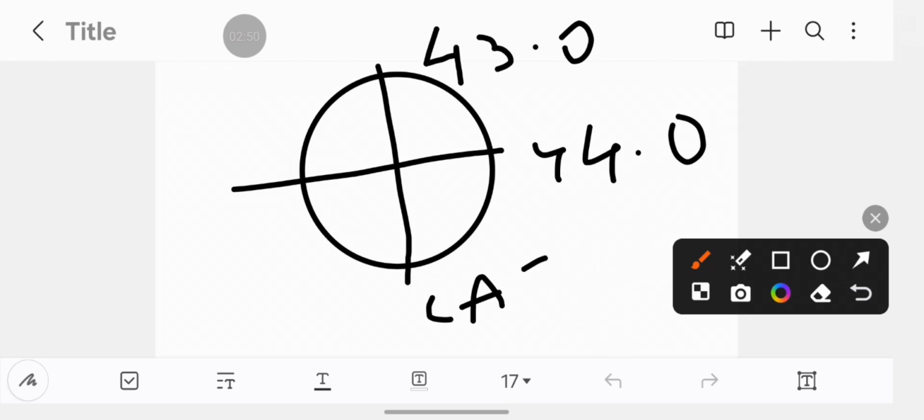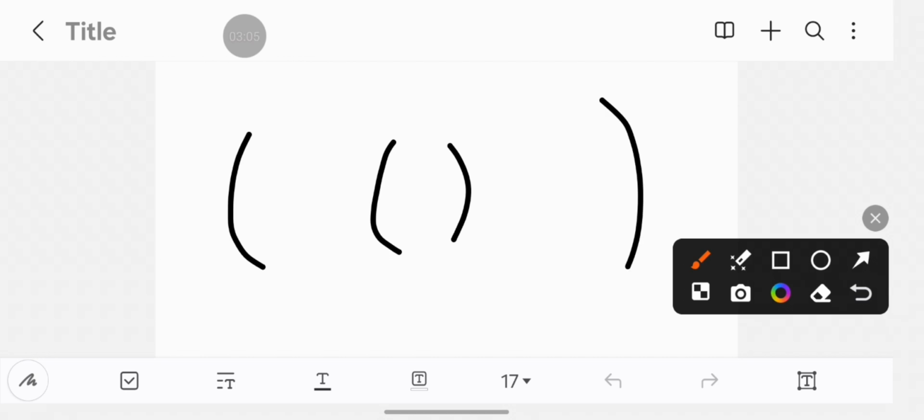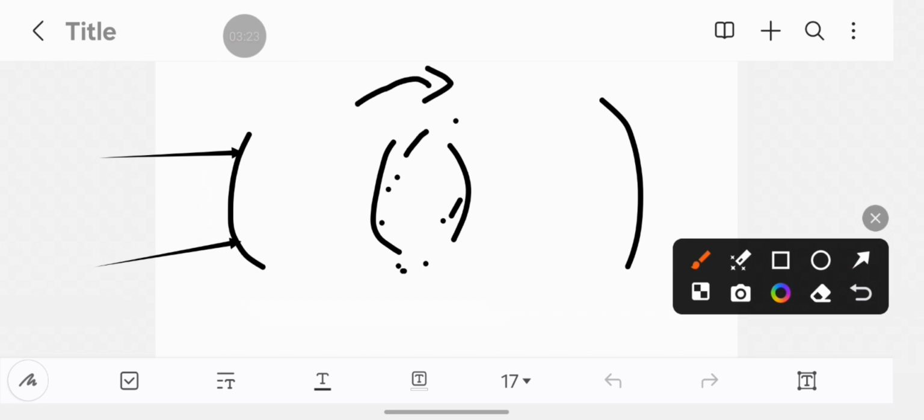Now what about lenticular astigmatism? If this is the cornea, this is the lens, and this is the retina, and light rays come in this manner and hit the cornea. Now if the curvature of the crystalline lens is not uniform, or the lens is tilted backward so the curvature is not the same, it leads to astigmatism, that is lenticular astigmatism.